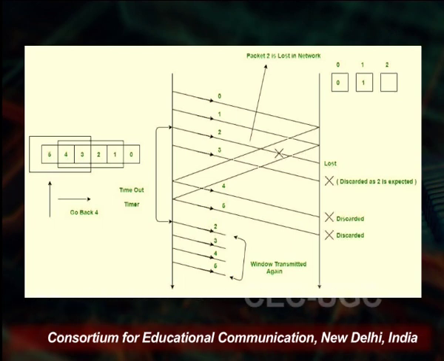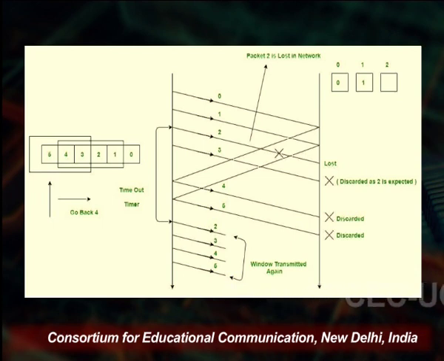Here we have the receiver's side, on which you can see a separate window for one packet, a window of size 1. Let us say we have a bigger set of packets, 0 1 2 3 4 and 5, and the initial window size at the sender's side is 4.